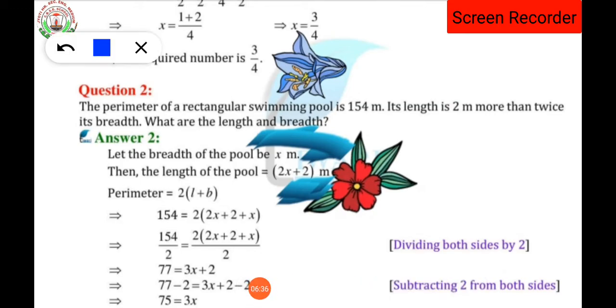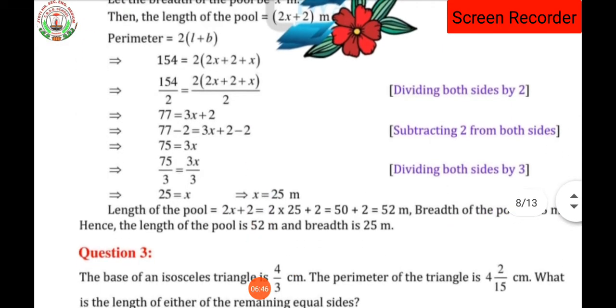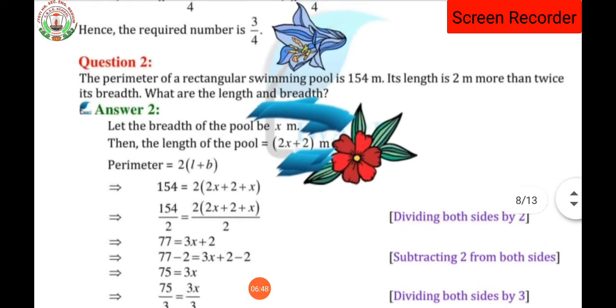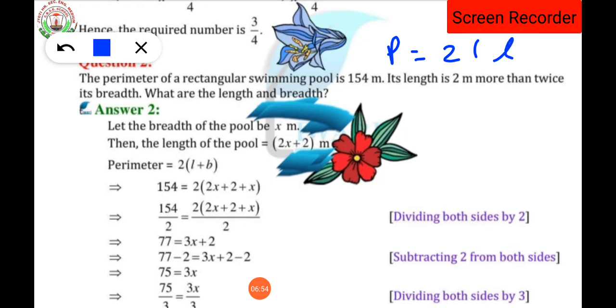Now the perimeter formula for a rectangle is how much? 2 into (L plus B), isn't it? Some space should be there to solve. So the perimeter formula is P equals 2 into (L plus B). This is the formula. What is the perimeter value given in the question?